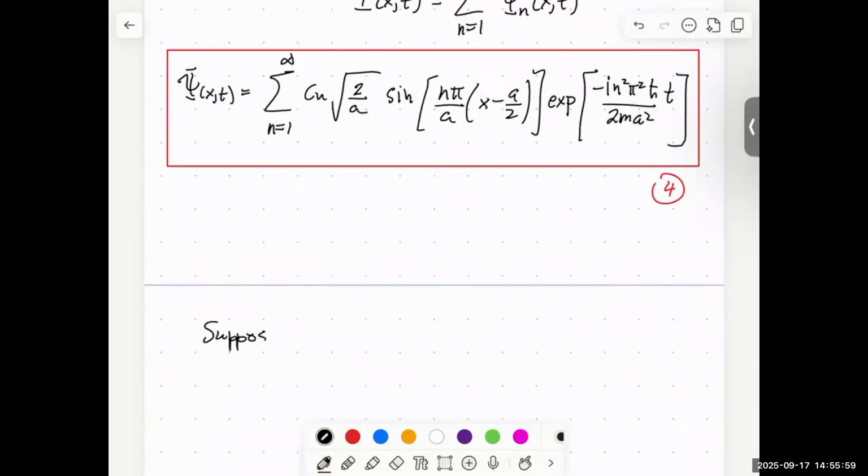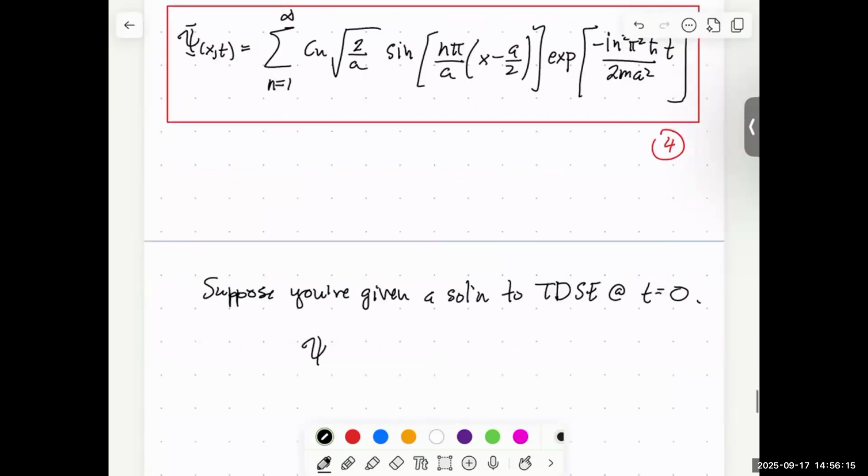Suppose you're given a solution to the time-dependent Schrodinger equation at t = 0. If we put in t = 0, what are we going to get?